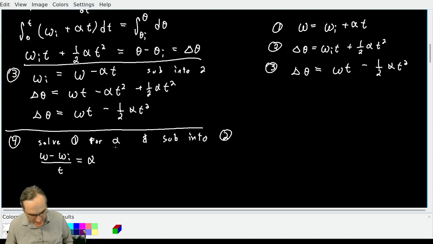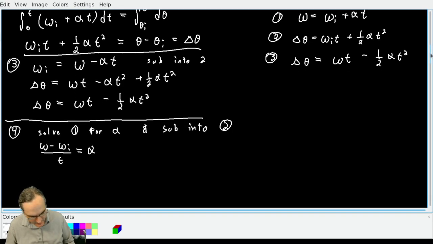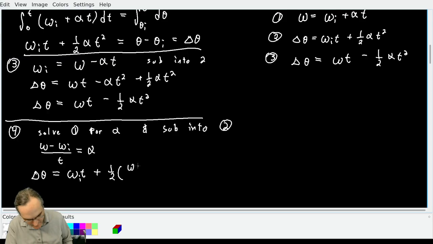If we substitute that in, we're going to have delta theta equals omega initial times t plus 1/2 omega final minus omega initial over t times t squared. I really prefer to make the omegas a bit more curly. You notice there's a cancellation in the t. That's always nice.